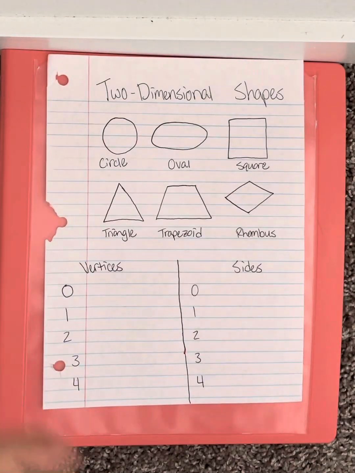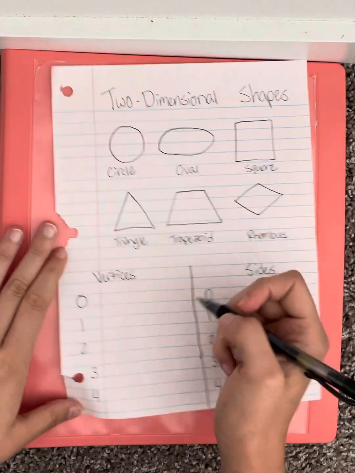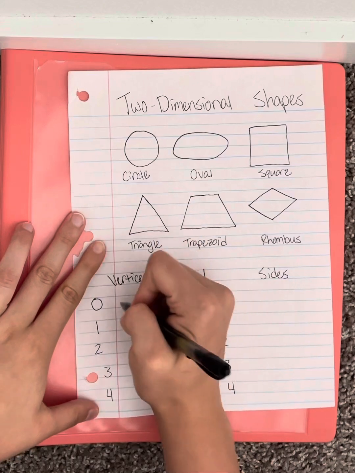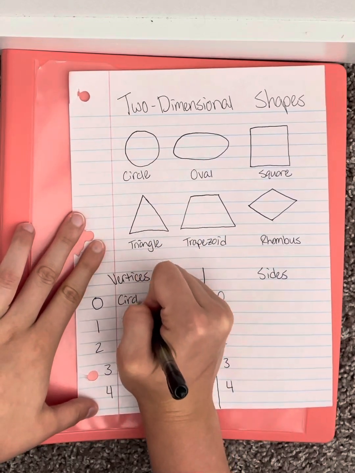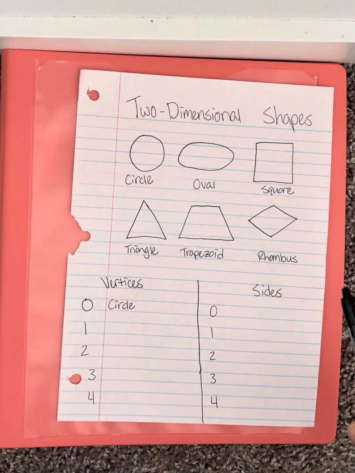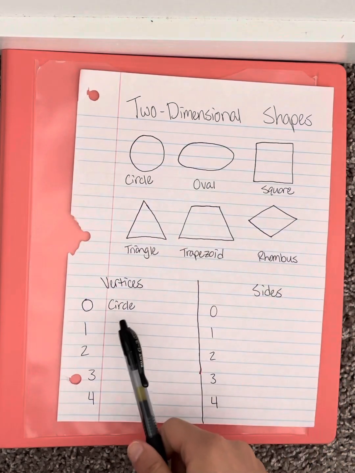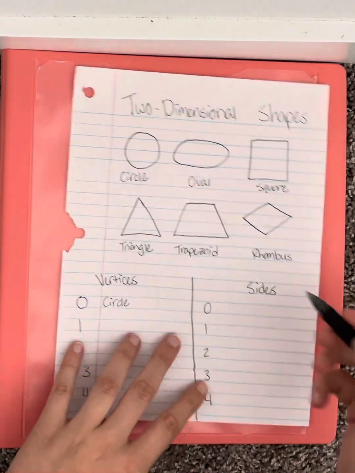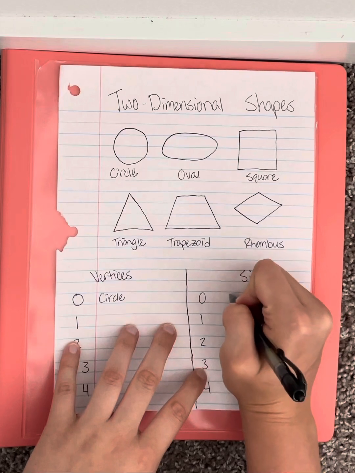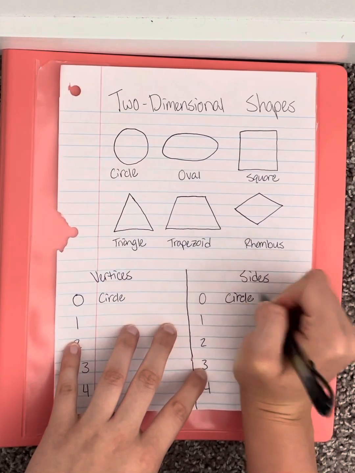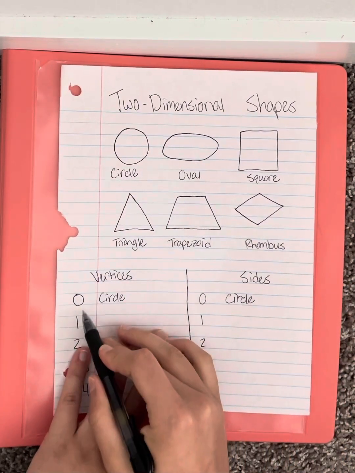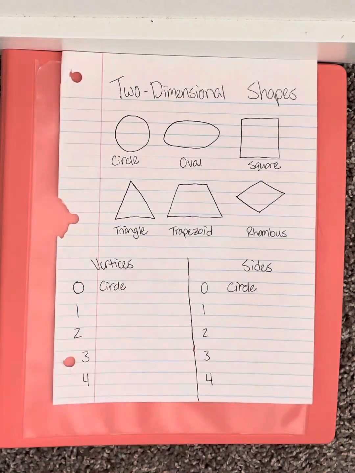So therefore, a circle has 0 vertices, so we're going to put circle right there. And again, if it doesn't have vertices, that means it doesn't have sides. So we're going to go ahead over here and put circle under 0 vertices and 0 sides.